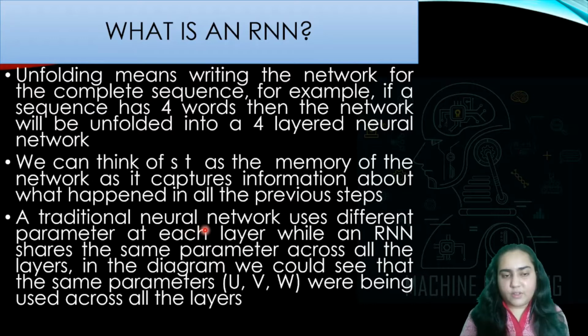And in a traditional neural network, it uses different parameters at each layer. But in an RNN, it shares the same parameters across all the layers. So in the diagram, we could see that there are the same parameters U, V, and W, which are being used across all of the layers, right? So we are not using any new parameters. We're using the same U, V, W parameters through all the layers of the neural network.